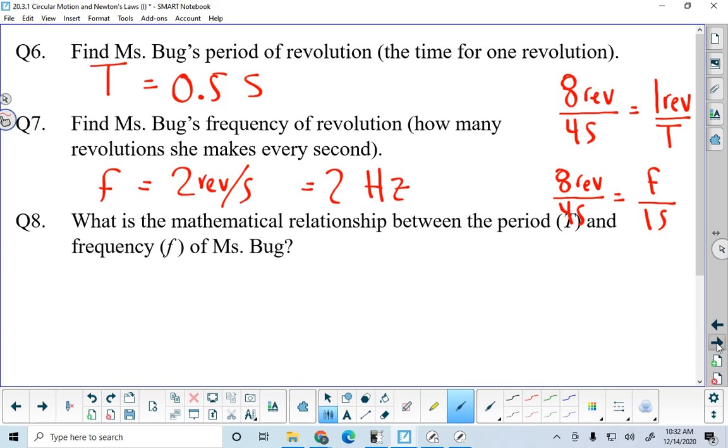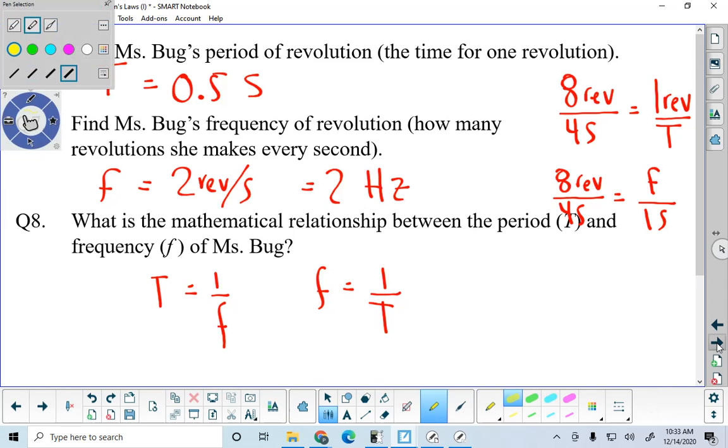And the most important aspect now, what is the mathematical relationship between the period and frequency? They are reciprocals of each other. Just take your calculator and take 1 divided by 0.5 and see what you get. You get 2.